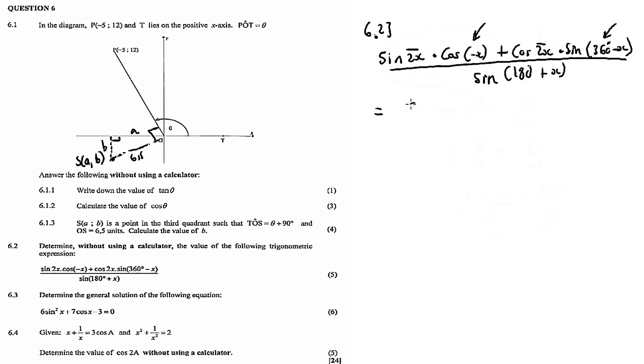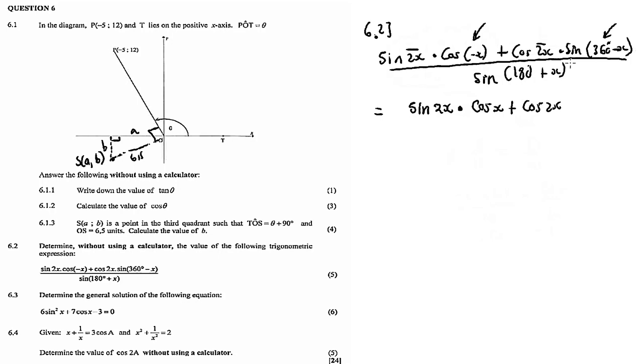Let's simplify. So it's sine 2x times cos of a negative angle. The cos of a negative angle is cos x, since the negative angle is in the fourth quadrant, and in the fourth quadrant cos is positive, so it's going to be positive cos x, plus cos 2x times sine of 360 degrees minus x.